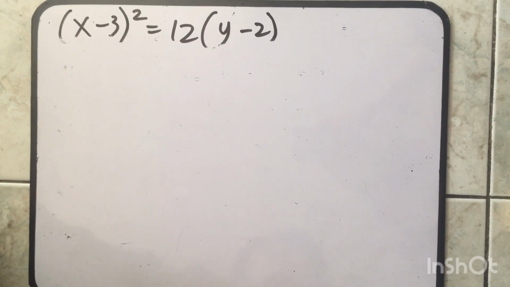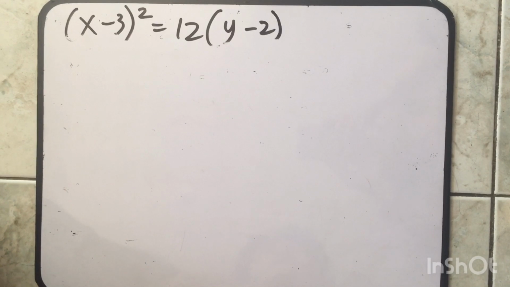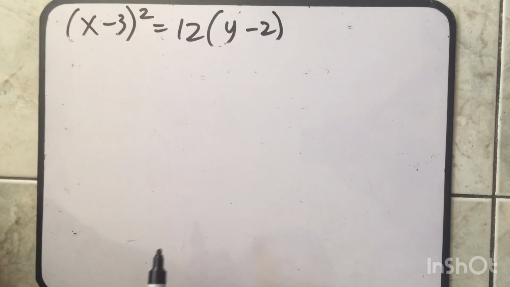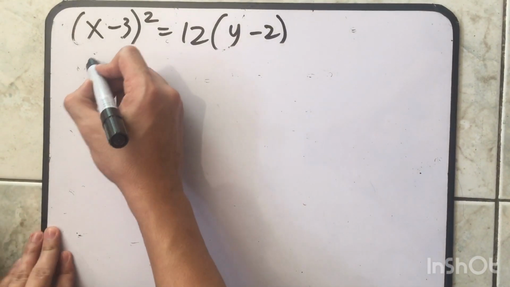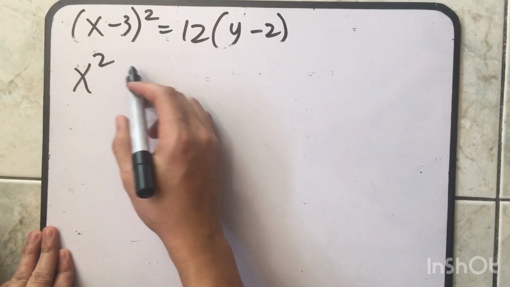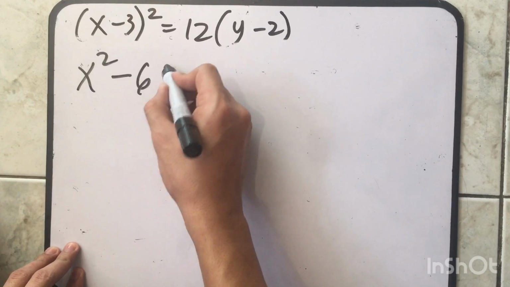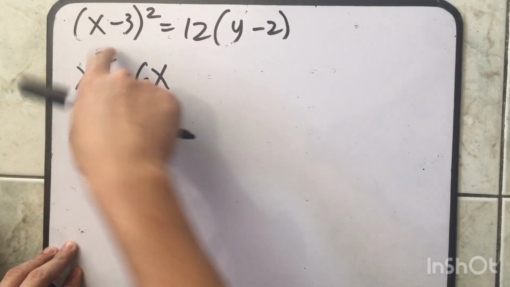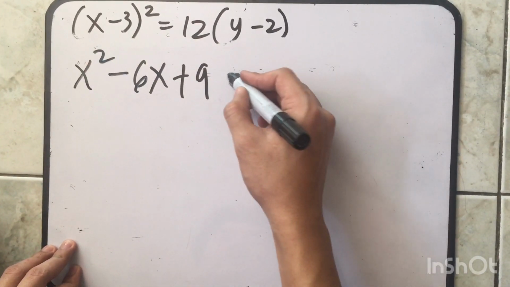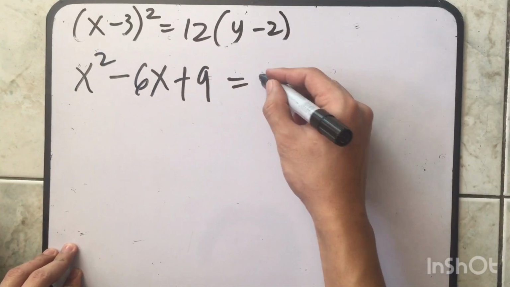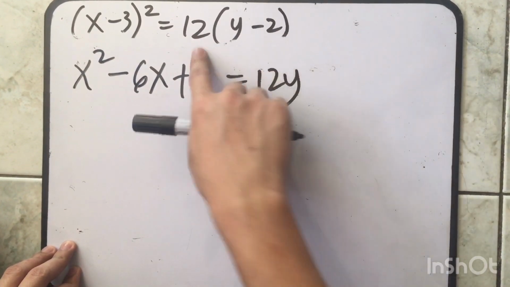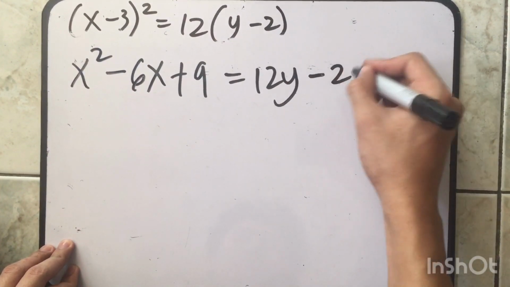Now, if you want to determine the general form, all you have to do is just expand the given equation. It will become x times x equals x squared. X times negative 3 is negative 3x, times 2 is negative 6x. Negative 3 times negative 3 is positive 9 equals 12 times y is 12y. 12 times negative 2 is negative 24.